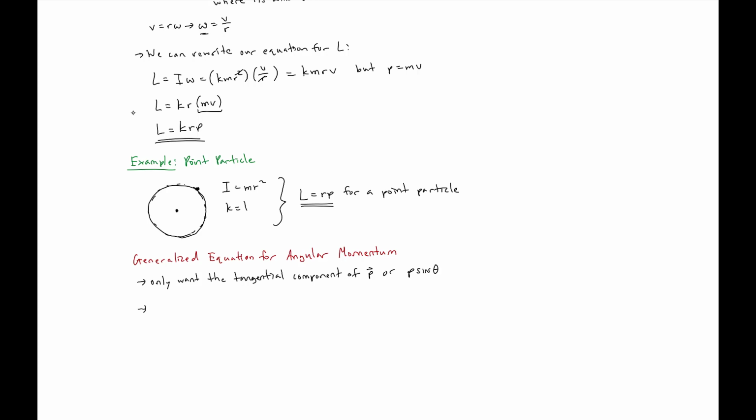So this means L is equal to rp sine theta, which is equal to rmv sine theta, which is also equal to r cross product with p.